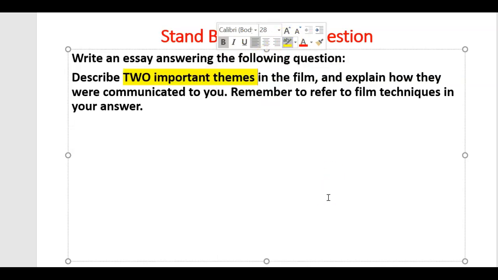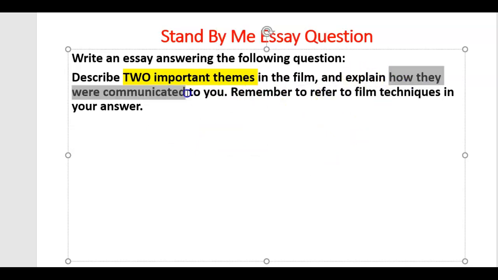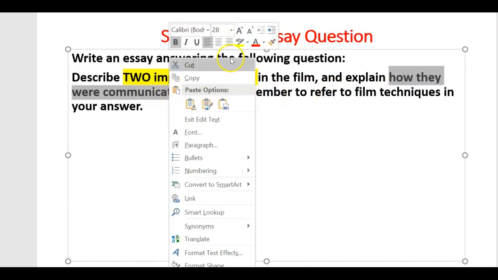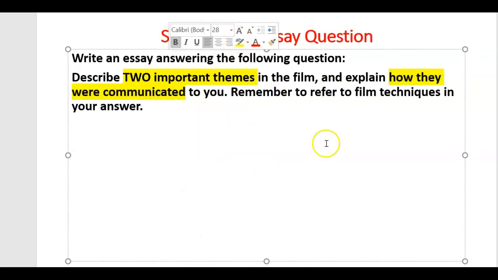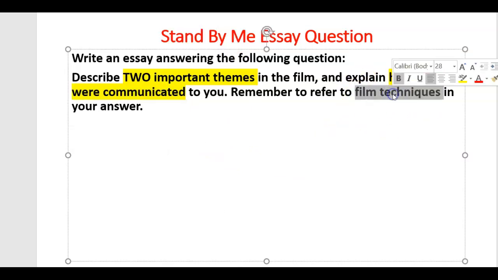There's always 2 parts at least, 2 blocks of keywords in each essay question. Explain how they were communicated. How did the director make us understand those ideas? And you always have to refer to film techniques in every essay on a film that you do.